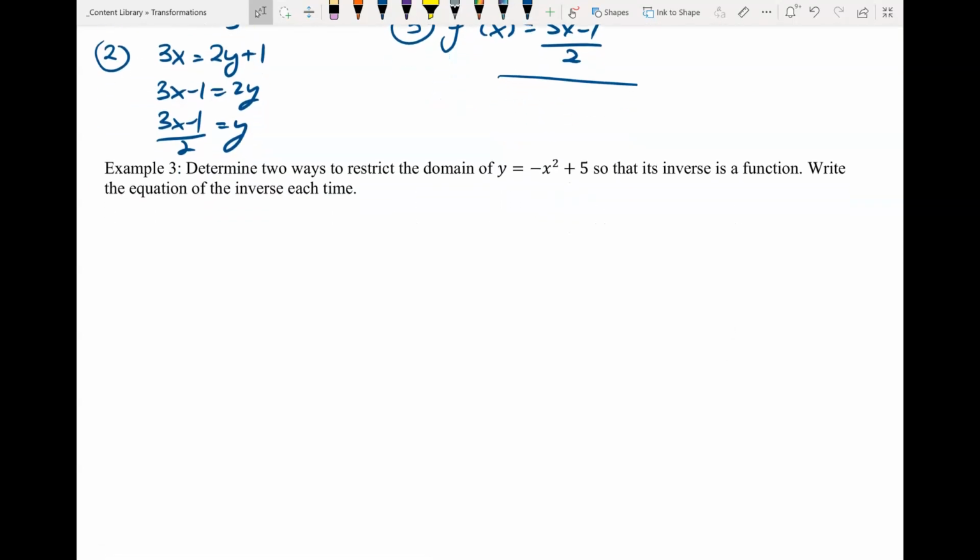In example 3, we're going to determine two ways to restrict the domain of y equals negative x squared plus 5 so that the inverse is a function. Well, let's find the inverse function first.